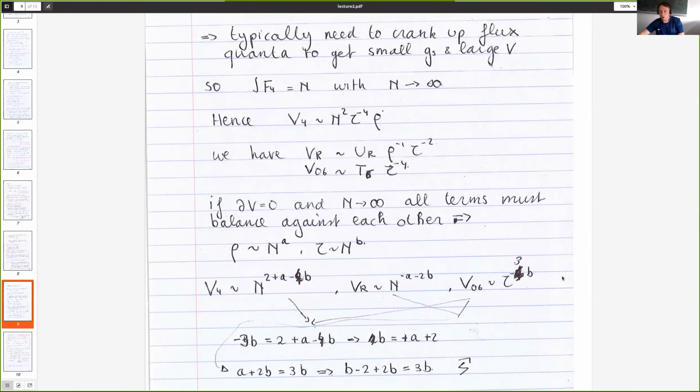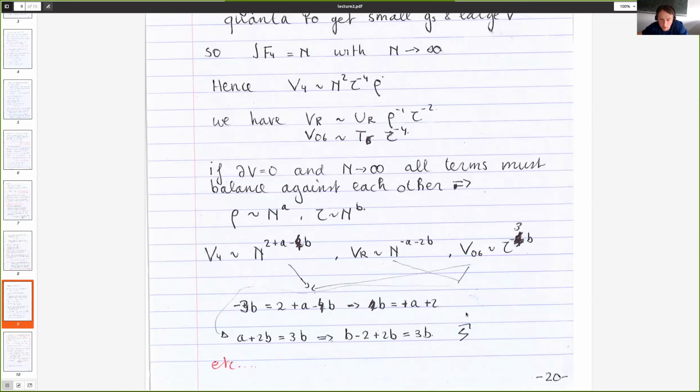So how can they all scale in the same way? Well, I get all of these constraints. This has to equal this, and this has to equal this. These are 2 equations. But wait, I must be making a mistake, because I just told you that I know that these equations are impossible, but I have 2 equations for 2 variables. So what is going wrong?